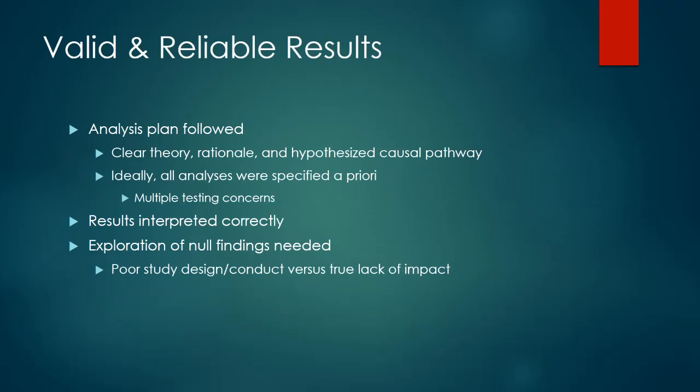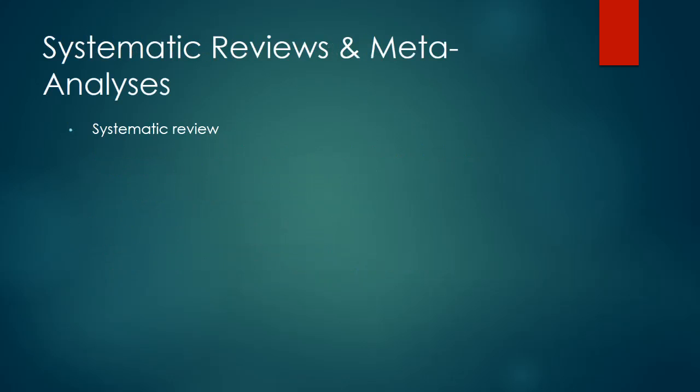So in some cases, we don't see evidence of an effect for the intervention because of a poor study design. And so we want to be able to distinguish that from a true lack of impact of the intervention.